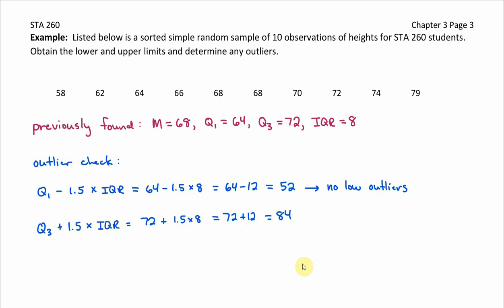But once again, there's no guarantee that there's anything out there. And here there isn't, because the largest value is 79. 79 is not bigger than 84. So there are no high outliers either. So altogether, here there are no outliers. And there we go.